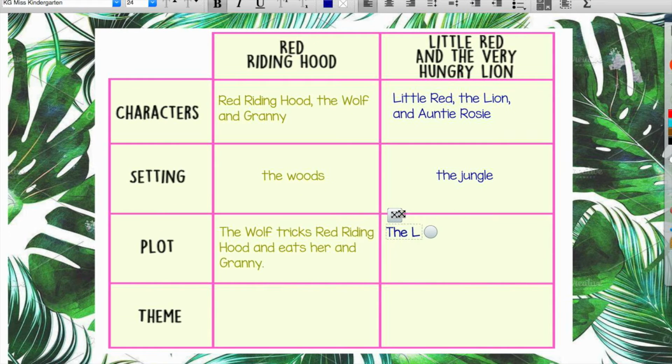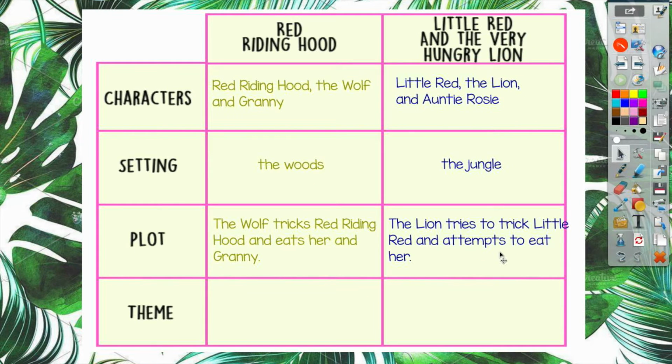The lion tries to trick Little Red and attempts to eat her. The reason why I put attempts and tries is because he was not successful. In that story, he did not eat her and he also did not trick her.